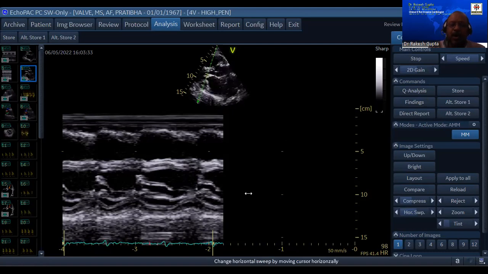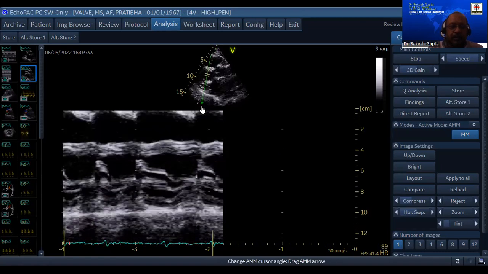Let's spend time on why it's correct. So this is AML and here is PML. Both the leaflets are going in the same direction. Normally AML will go like this and PML will go like this, so they open in opposite directions. Here the movement of both leaflets is in the same direction, which tells you this is possibly happening because of mitral stenosis. Good, Utpat, that answer was pretty nice.